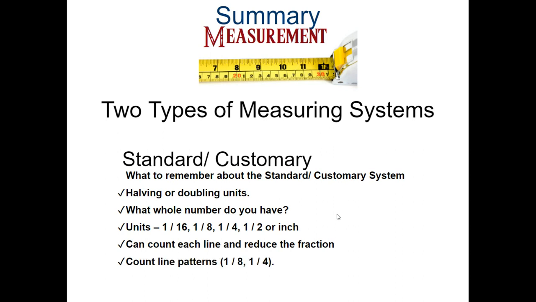And then you can count the line patterns, so eventually you won't have to count. You'll be able to tell where the 1/8, the 1/4 inch, the 3/4 inch lines are. There are patterns, and you will be able to recognize those patterns. If you've never done this before, my recommendation is to count the numbers. But if you have done this before, then you should already know those numbers, and then you can start memorizing the patterns that are on the rulers.